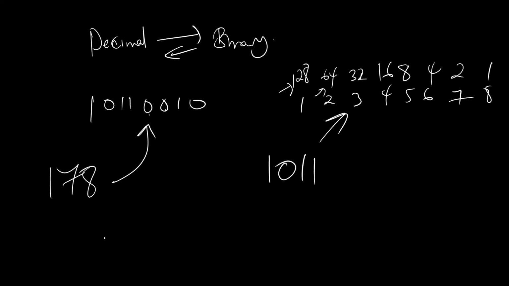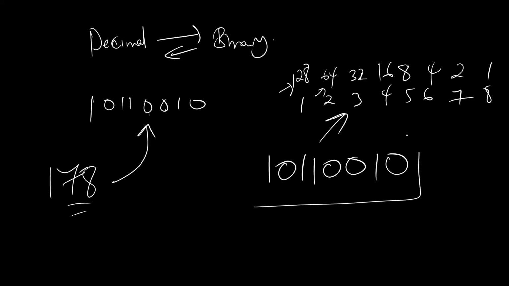So I'm good. I'm only left with a 2. So if I add an 8, I will be greater than this. If I add a 4, it will be greater than this. If I add a 2, it will be exactly 178, meaning the binary number for 178 is like this one. That's how you convert from decimal to binary.